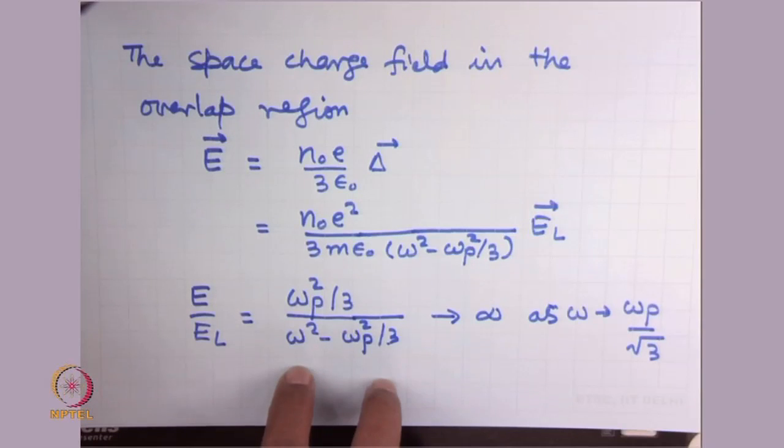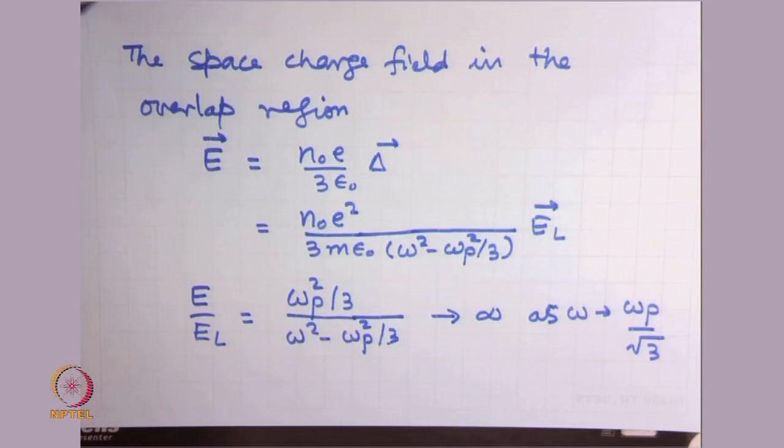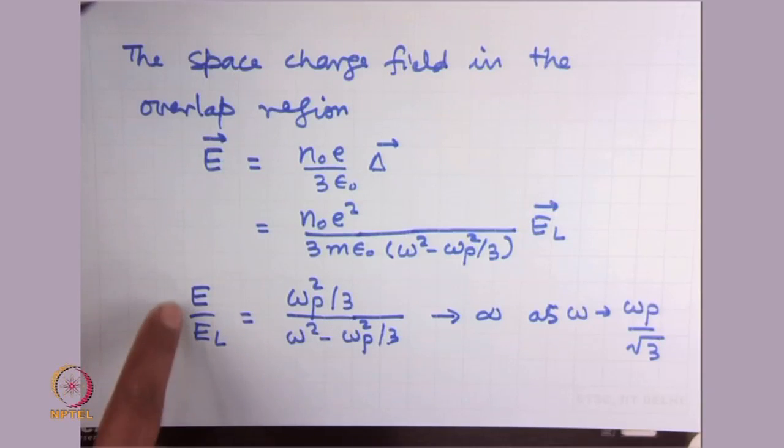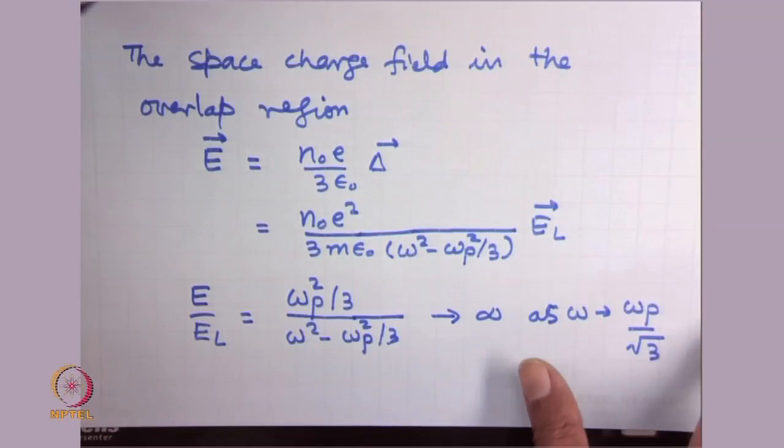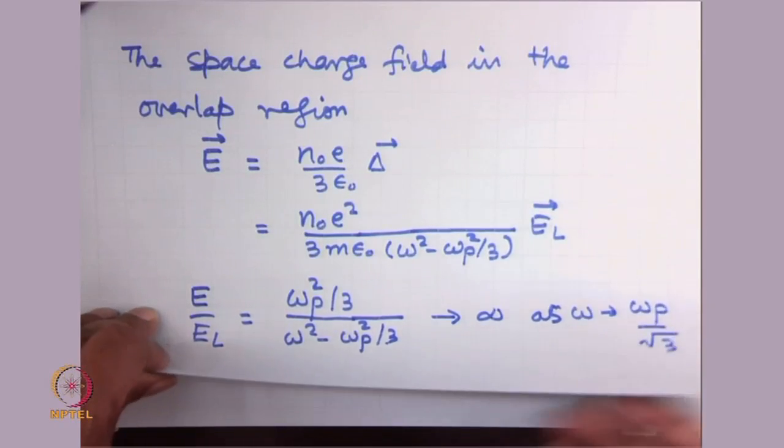This is primarily the physics. There is a resonance that arises due to space charge oscillations, the electron oscillation with respect to the ionosphere, and this resonant field enhancement manifests itself in the form of surface enhanced Raman scattering. We shall discuss that.